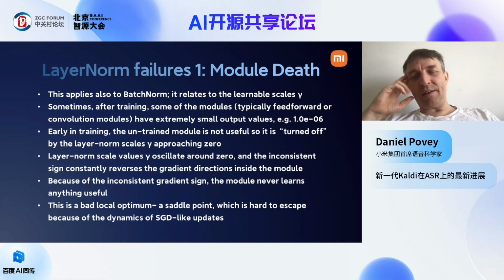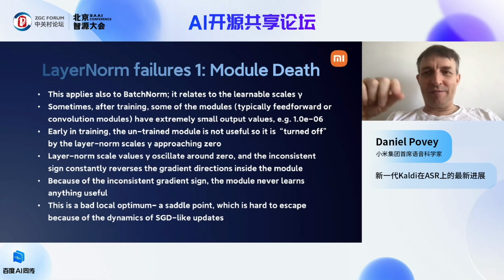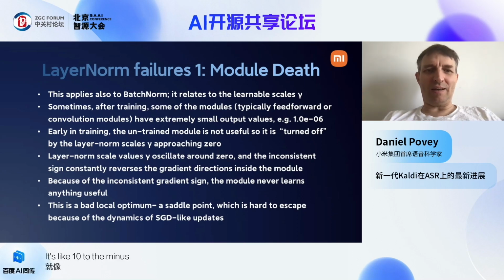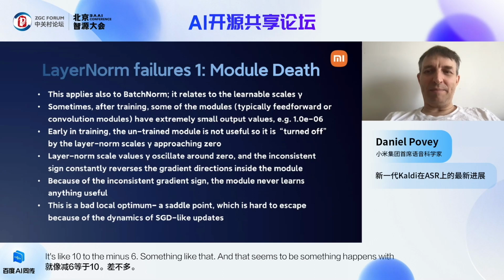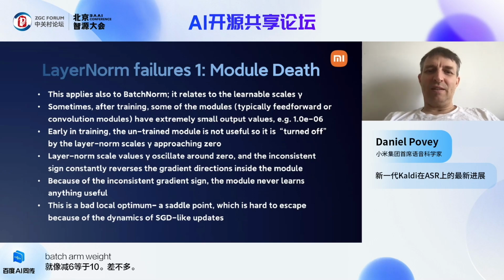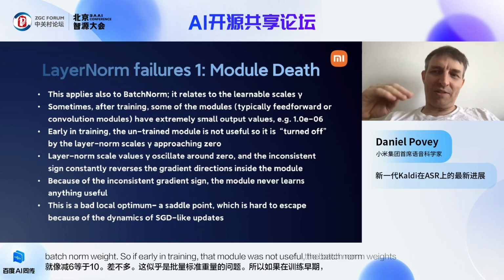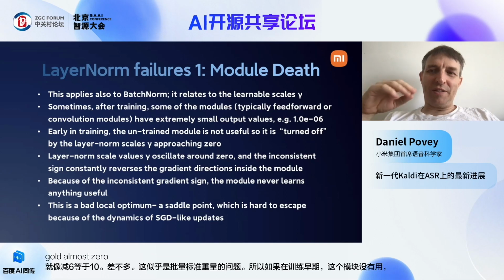You can get whole modules dying. This means that, let's say one of the feed forward modules, after training, you'll see that the output of the module is almost zero. It's like 10 to the minus 6, something like that. And that seems to be something that happens with the BatchNorm weights. If early in training that module was not useful, the BatchNorm weights go almost to 0 to turn it off.